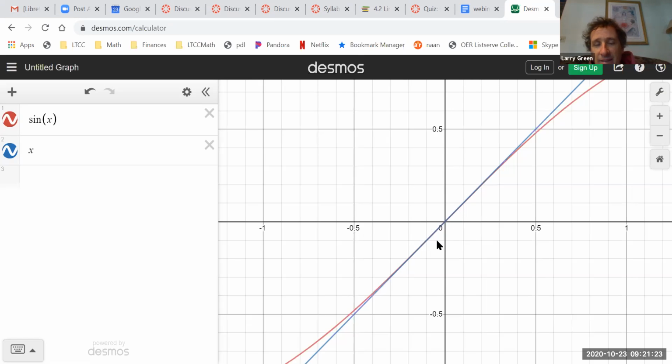And you may ask, what's the point of all this? Why would you ever, if you have y equals sine of x, why would you need to approximate it with y equals x when sine of x is easy? What do you think? Any ideas? What the point of this is?